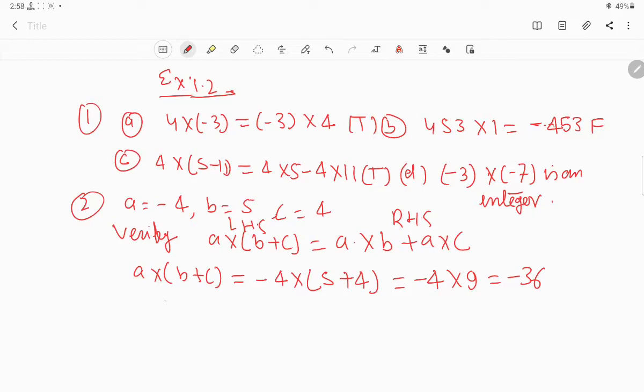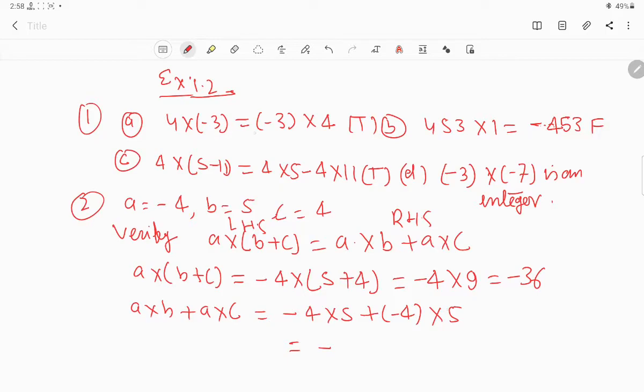And the other side, A into B plus A into C, is equal to minus 4 into 5 plus minus 4 into 4.